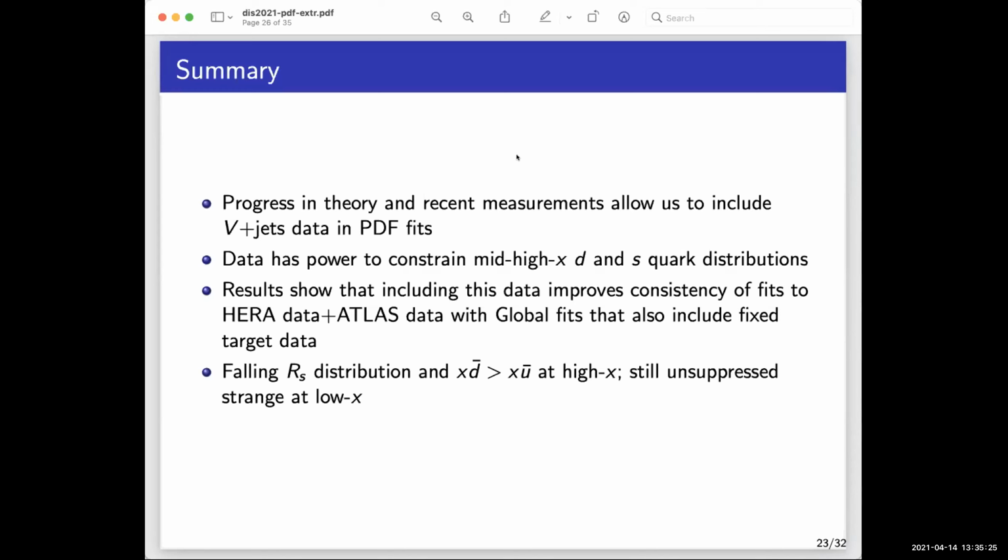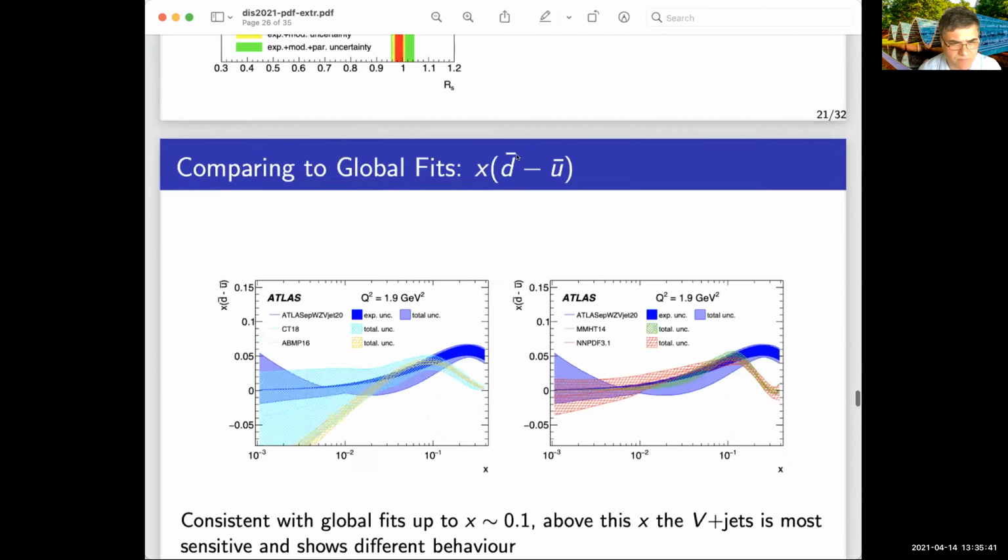Please, Pavel. Yes, well, first of all, I'm very happy to see that this new V plus jet data is analyzed, and hopefully it will soon be available for the other global analyses. Now, I have a question on the following issue. Can you please go to slide 14?